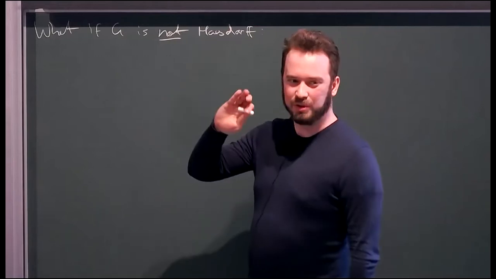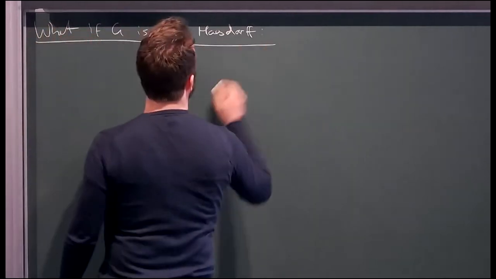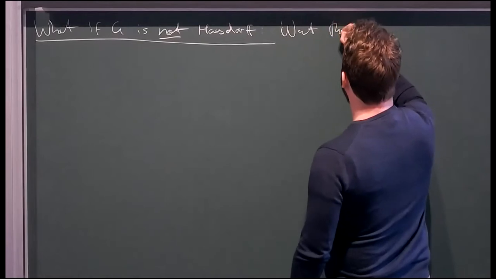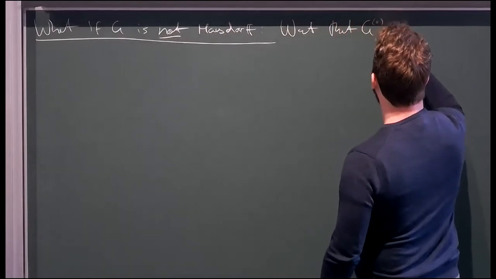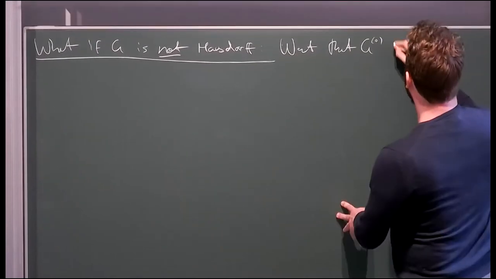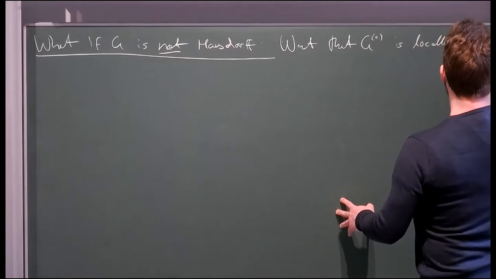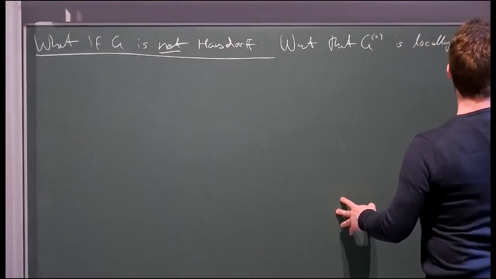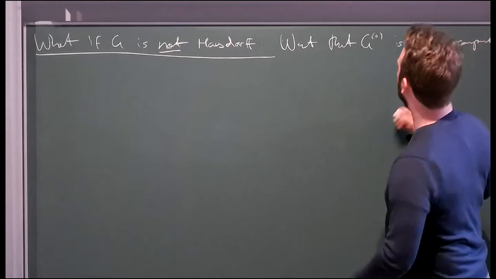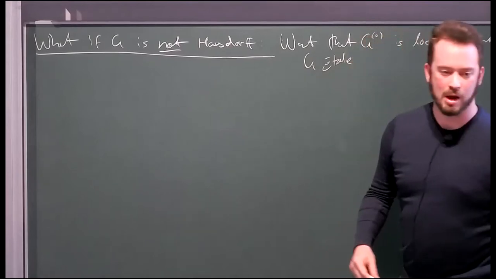So I need to control it a little. So I will insist that we still want that the unit space is locally compact and Hausdorff. And we also want that G is still étale. If we got rid of étale, then nothing would be possible ever.